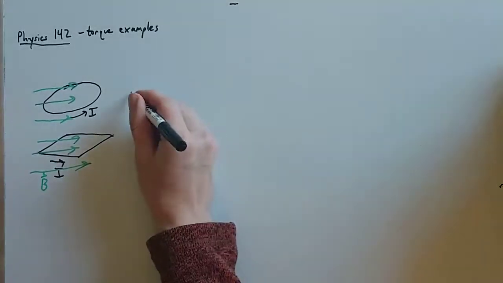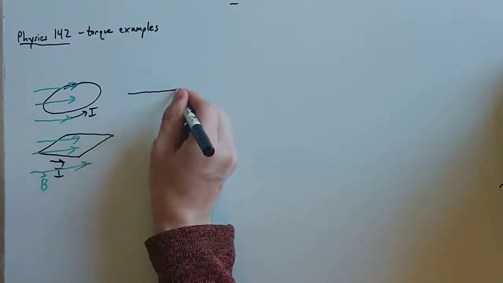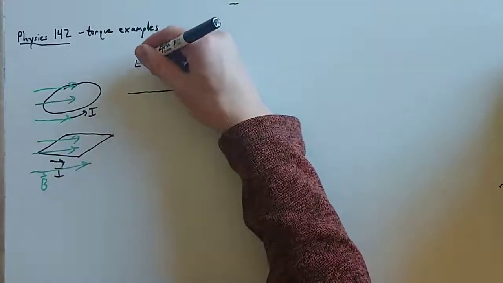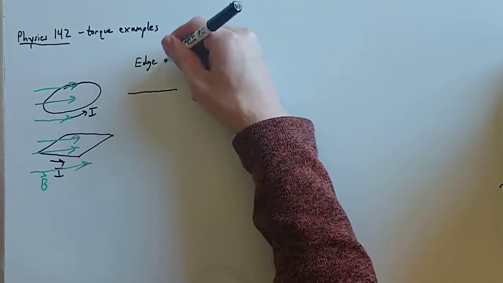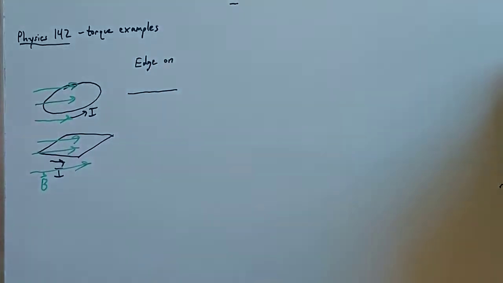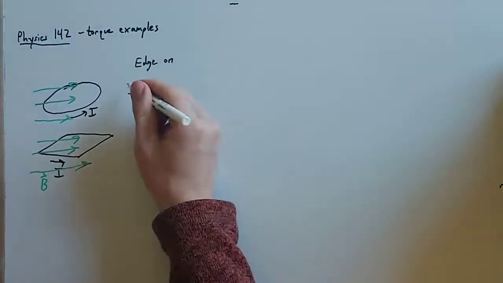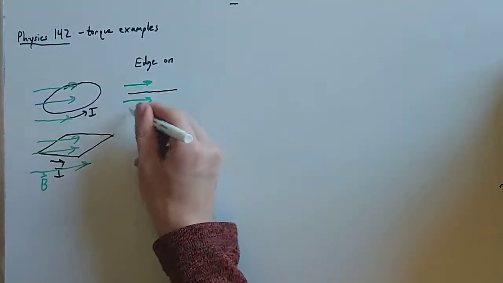Maybe a little better picture would be an edge-on view. So edge-on, there's my circuit, and edge-on, we've got the magnetic field like this.